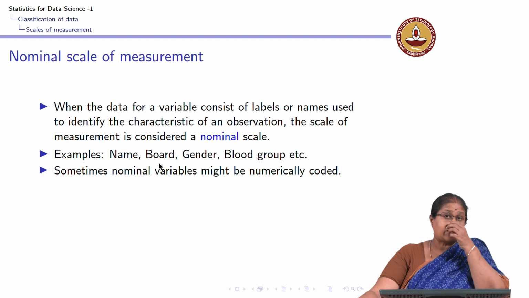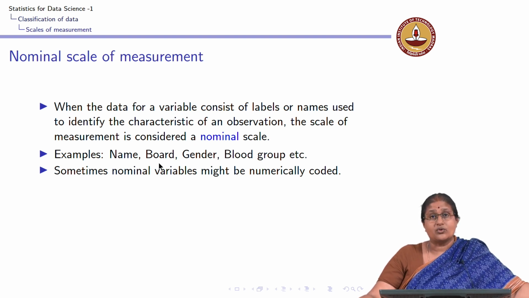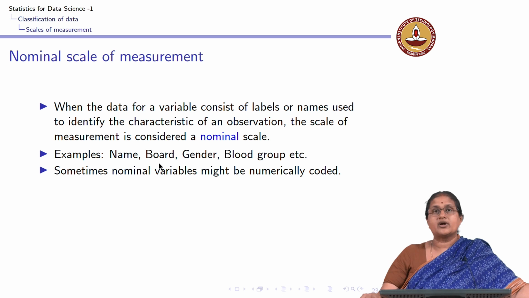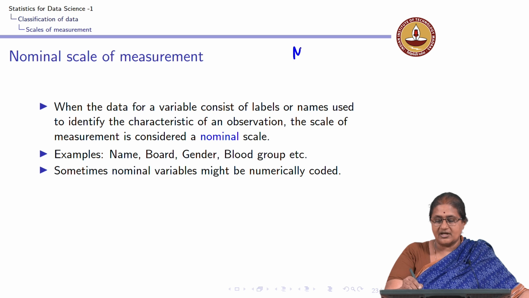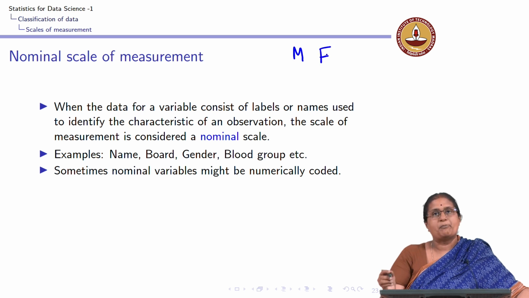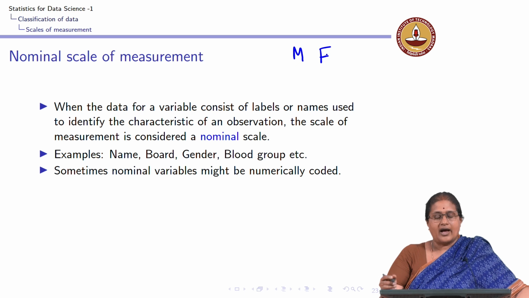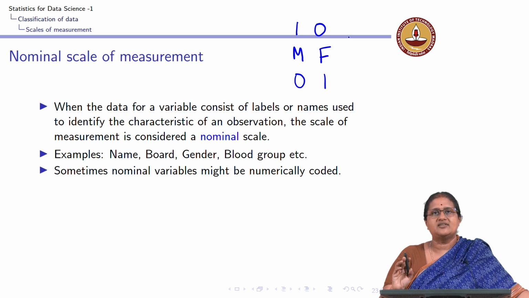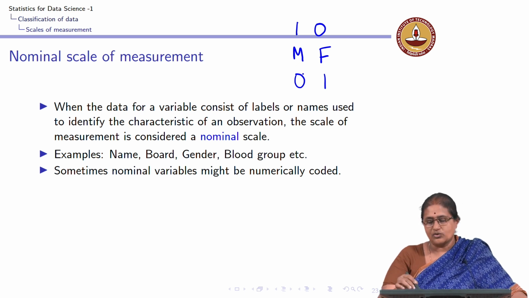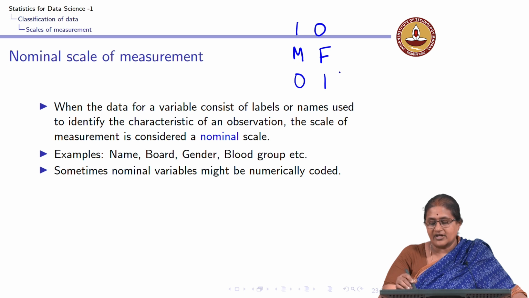Sometimes we can see that nominal variables may be numerically coded. What do I mean by a numerically coded nominal variable? For example, we have gender, gender takes 2 labels which is male and female. I might code a male a 0 and a female a 1. I might code a male a 1 and a female a 0. So, this numerically coded is again equivalent to just labeling this variable, there is no sanctity about having a 0 or a 1.